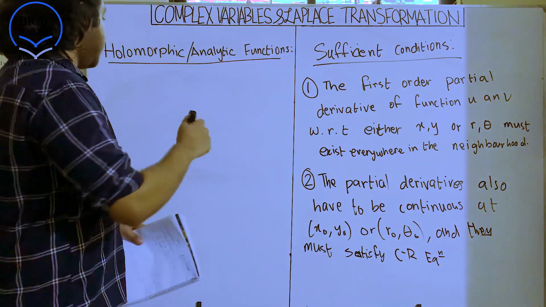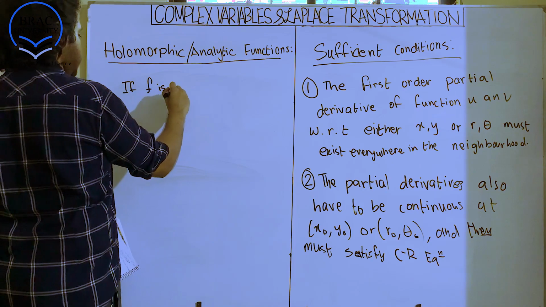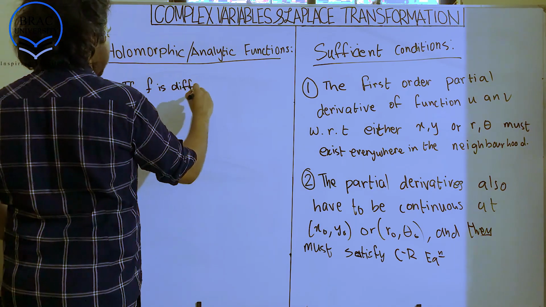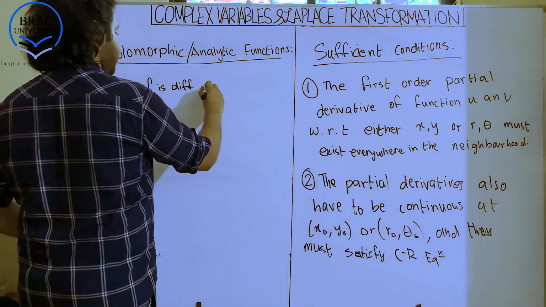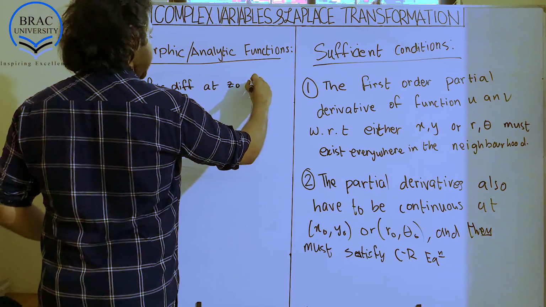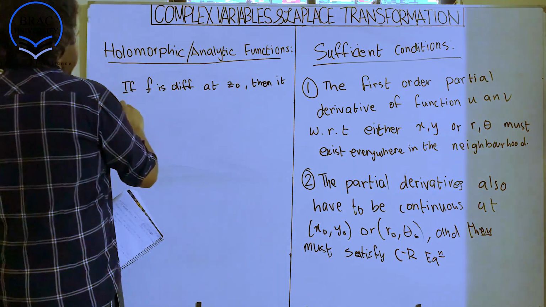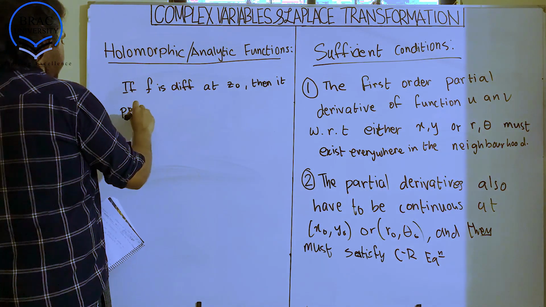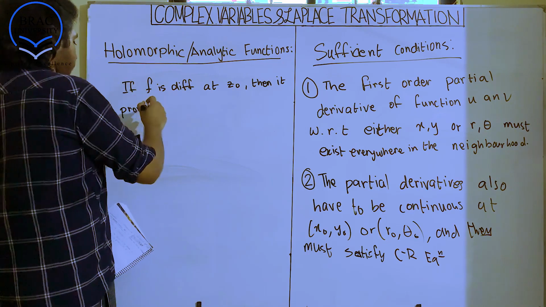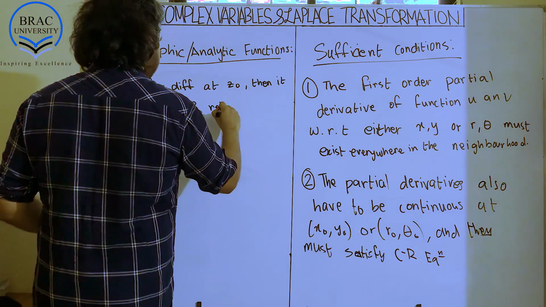As in, if f is differentiable at z0, then it proves the CR relations or equations.